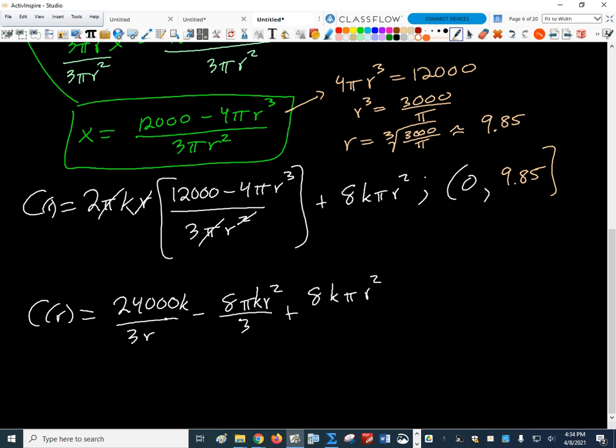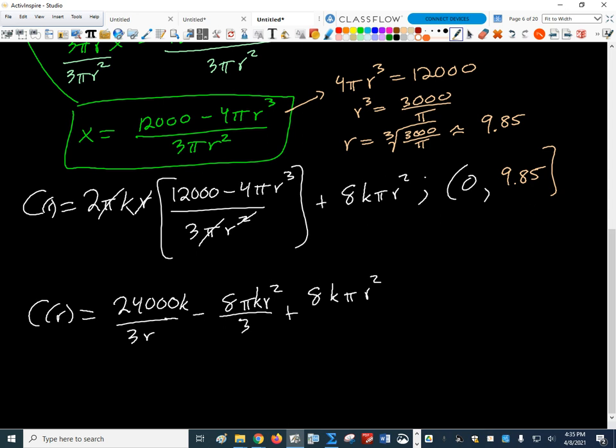And I could combine those terms, couldn't I? If I combine those, that's like 8/3 times pi k r squared plus 24/3. That's a negative one too. So negative 8/3 times this expression plus positive 24/3.